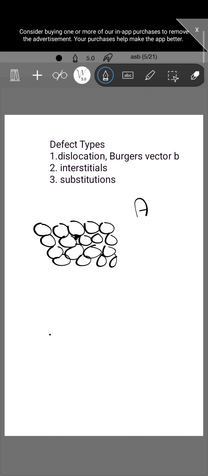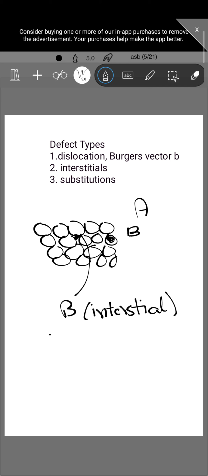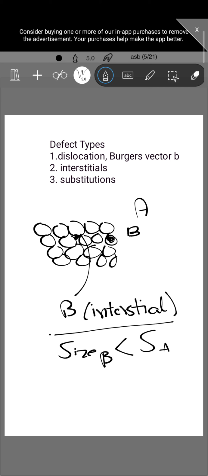This is atom B, and it is called an interstitial. Or it can so happen that one of the A atoms gets replaced by this B atom. Now for an interstitial, the size of B should be much less than the size of the A atom. However, for the substitution, the size of B should be close to the size of A, if not equal.